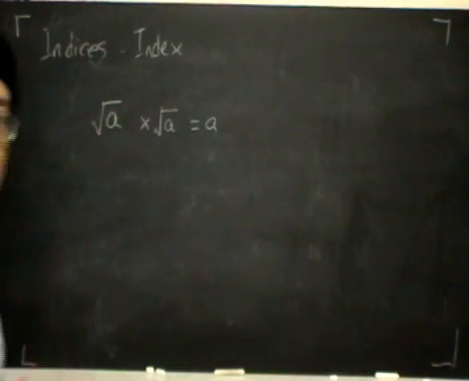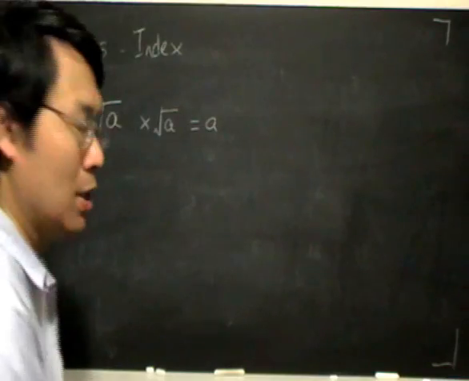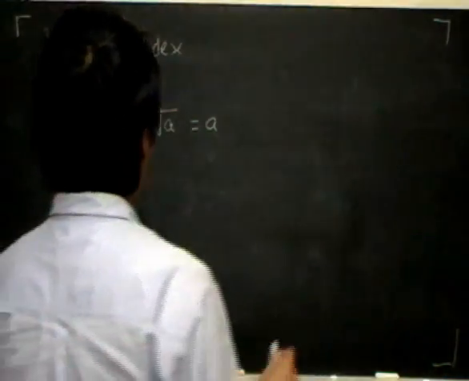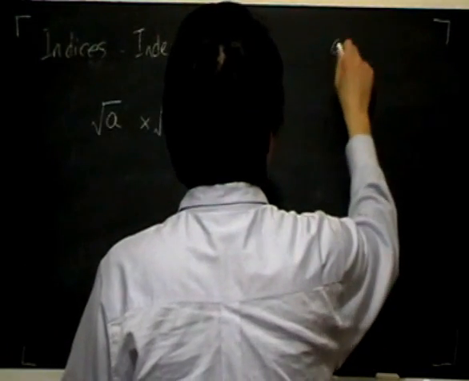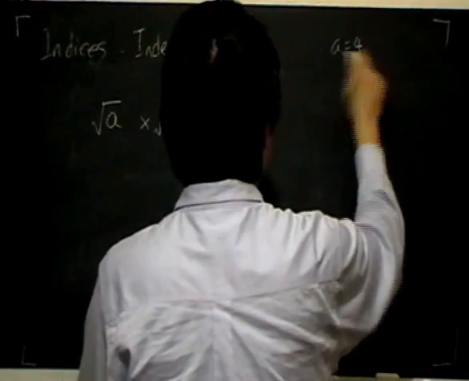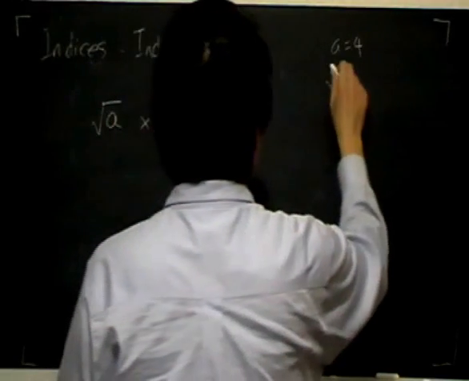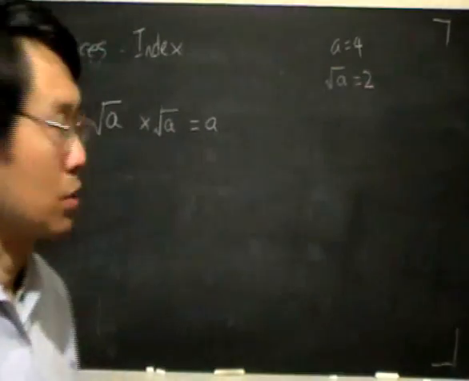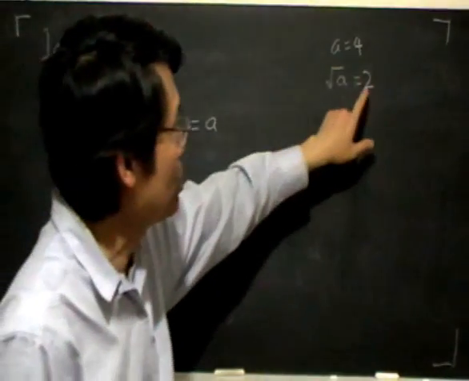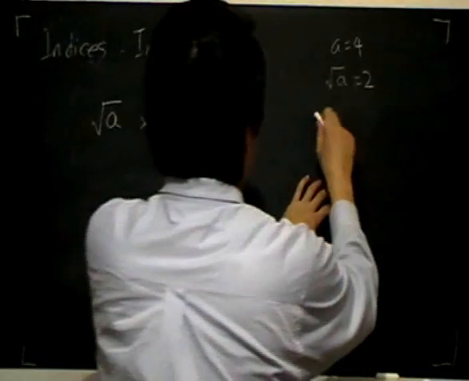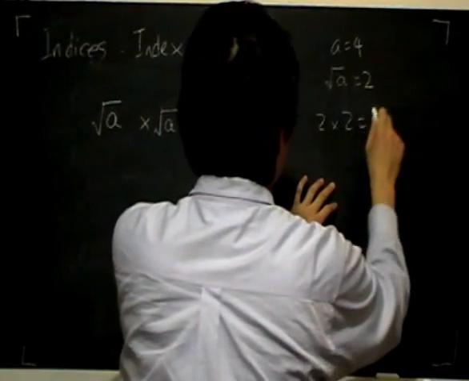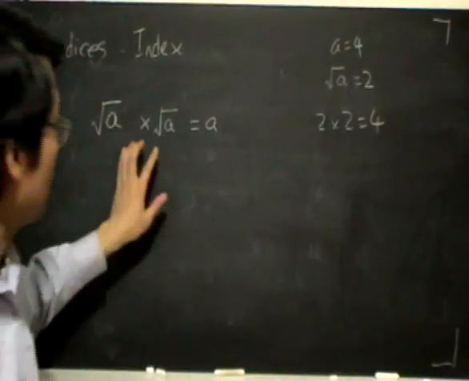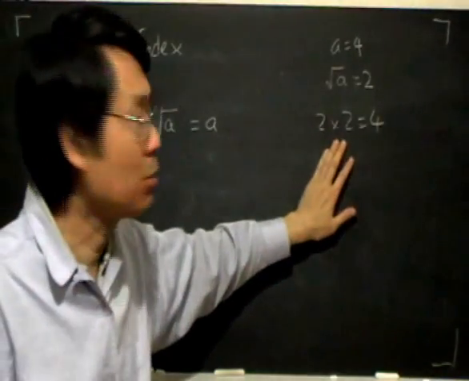Alright, in case that looks a little confusing, let's make up an example. Let's say A is 4. So square root of A is 2. Right? So we would expect that 2 times 2 is equal to 4. Which is correct. So what we are saying here is pretty much the same thing.